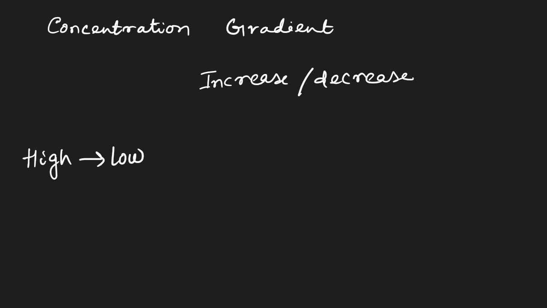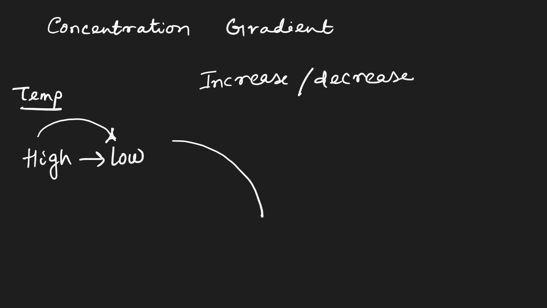The temperature will flow from high to low till equilibrium or balance is achieved. So this increase or decrease from high to low is called a gradient. It is available for temperature.